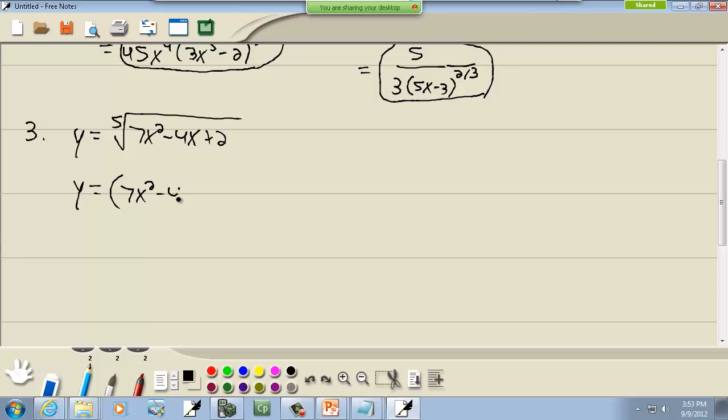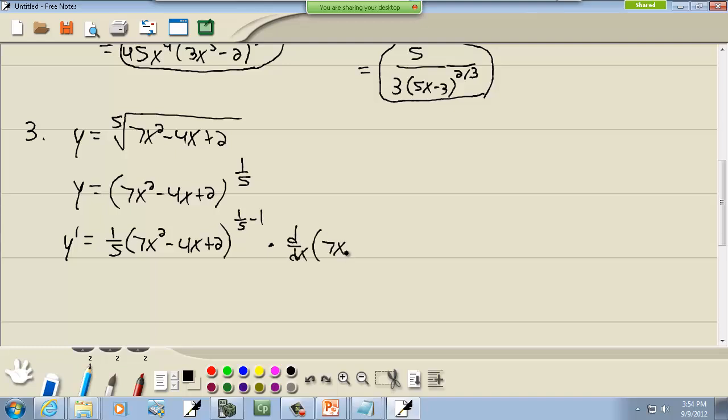We've got 7x squared minus 4x plus 2, and we'll rewrite it to the 1/5 power. So now we got something to a power. So from our chain rule, we're going to take our power, put it out in front. What's inside the parentheses remains as is. We'll lower the power by 1, and then we'll multiply it times the derivative of what's inside the parentheses.